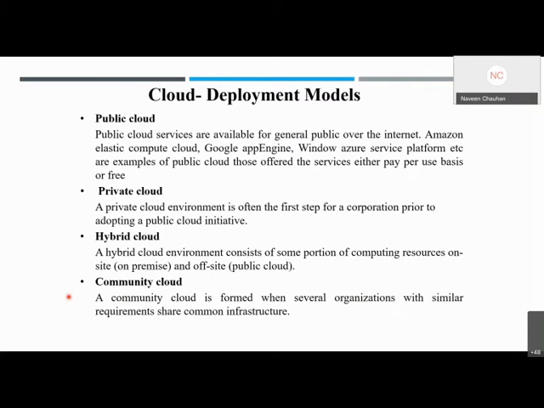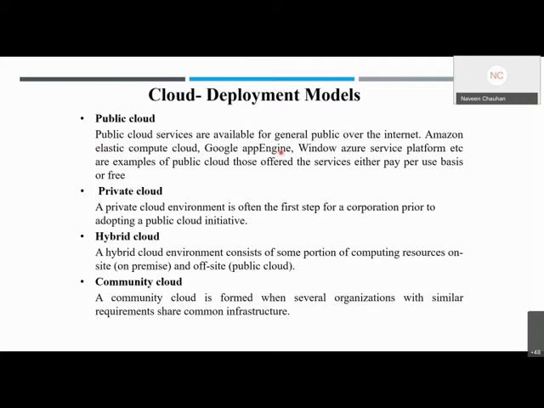Now, next is the cloud deployment models. What are the different models for deployment of the cloud? One is the public cloud, another is the private cloud, third is the hybrid cloud, and the next one is the community cloud. We are all using public clouds.